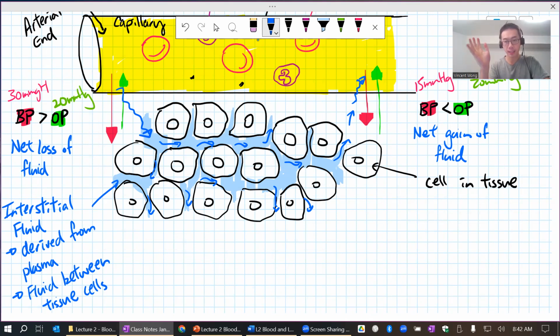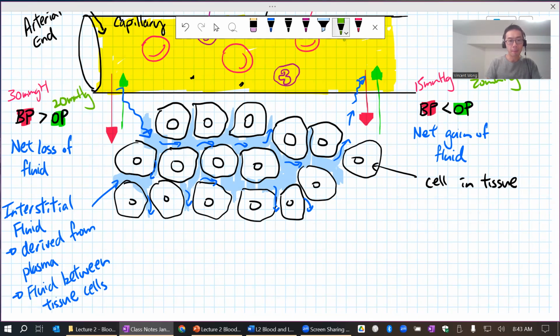Now the thing I've been trying to tell you is, you end up losing more fluid from the arterial side than you are able to bring in on the venous side. So the extra fluid is gonna need a separate pathway to be drained. Otherwise, you will end up having too much interstitial fluid, and then the tissue is gonna start to swell. We call that edema, EDEMA. I'll show you a picture of what that looks like later on.